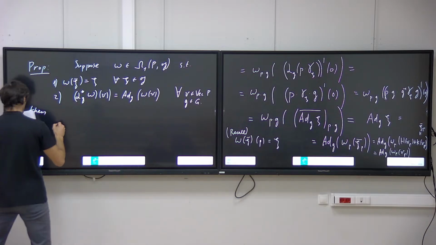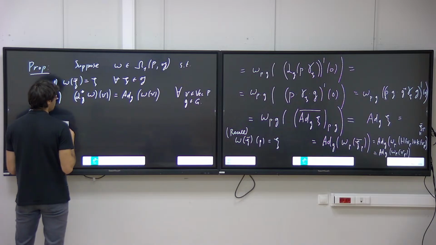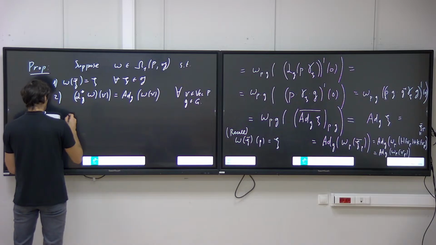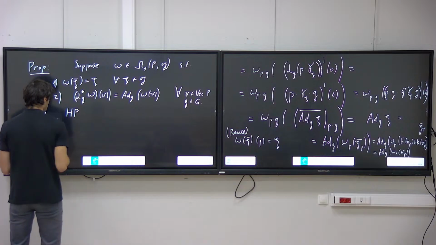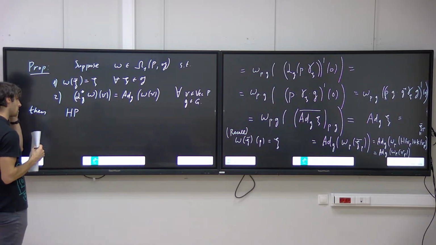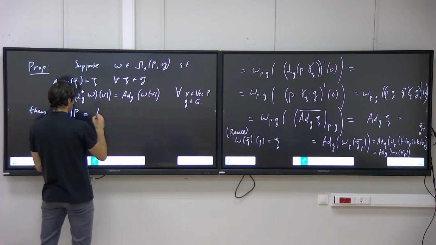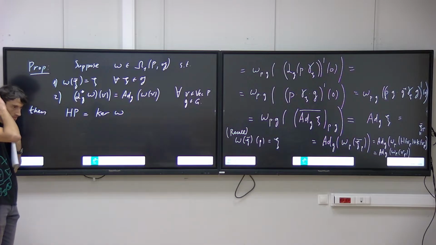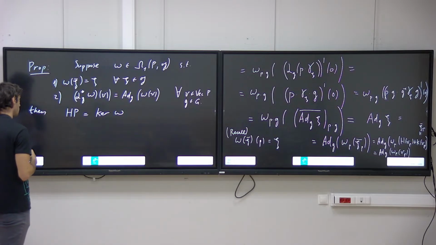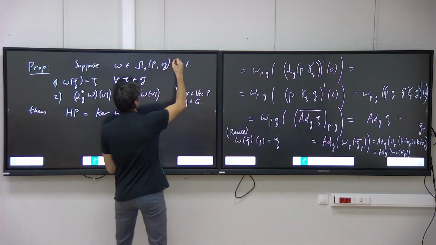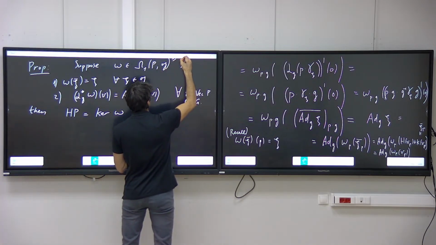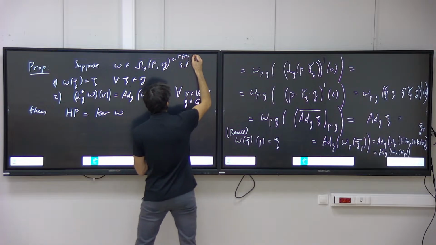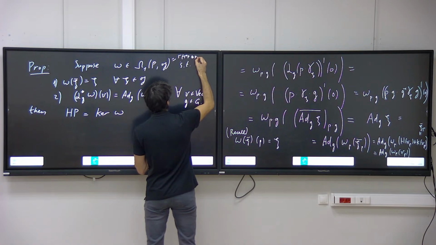Then I can consider HP, a horizontal subbundle defined as the kernel of omega. Right, so we need to go back, and so this is gamma of T star P tensor P times G, right?